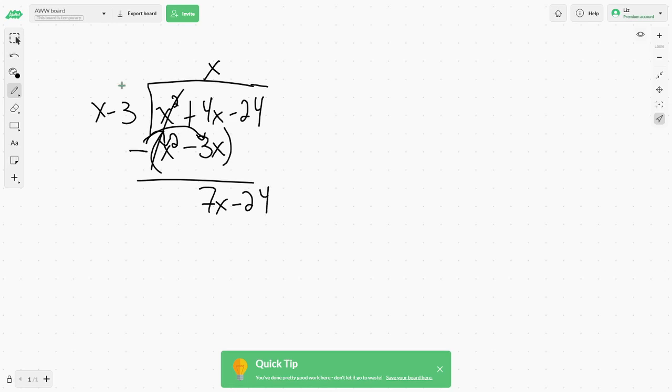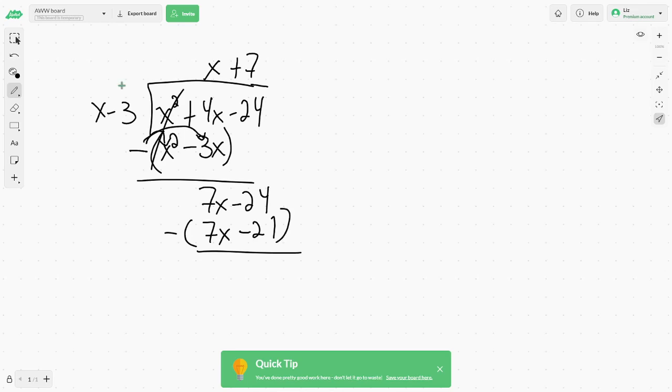All right, what do I have to multiply the x by to get 7x? Well, that's 7. So 7 times x is 7x. And 7 times negative 3 is negative 21. All right, so I'm subtracting again.